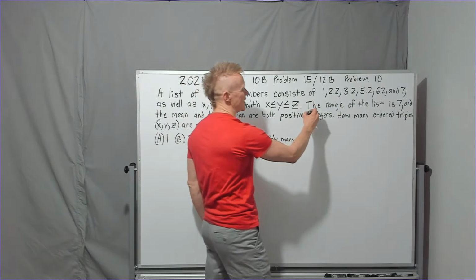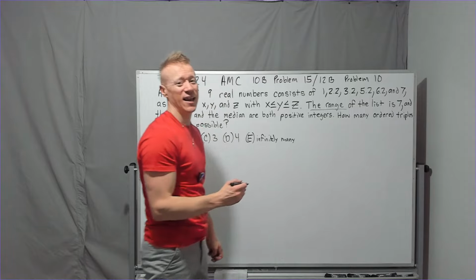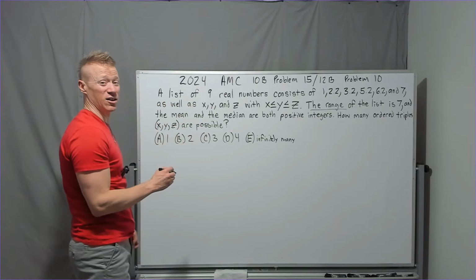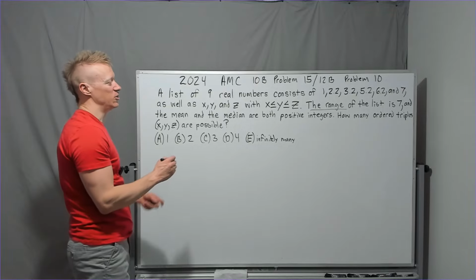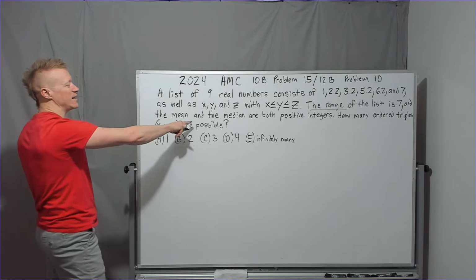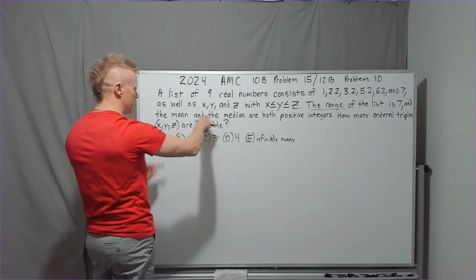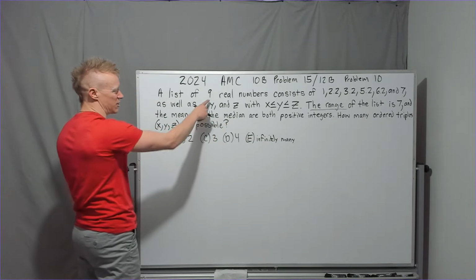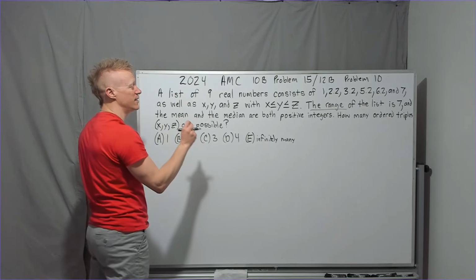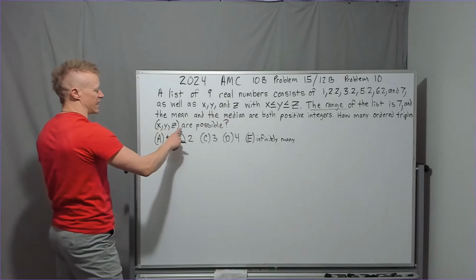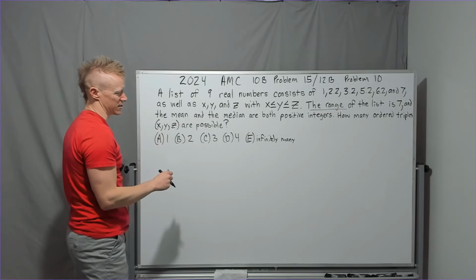This plays a significant role in that reasoning, and if you manage to apply it correctly, it probably didn't take you as long as it took some other people who got lost in a couple of the details. And the mean and the median, the average and the middle number, are both positive integers. Because you have 9, the median will be one number only. How many ordered triples x, y, z are possible?